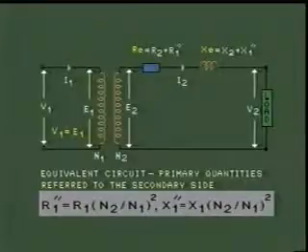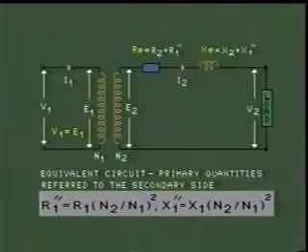Similarly, reactances also have been added together to give an equivalent reactance Xe on the secondary side, which is equal to X2, that is secondary circuit reactance, plus X1 double dash, that is primary circuit reactance X1 transferred to the secondary side.